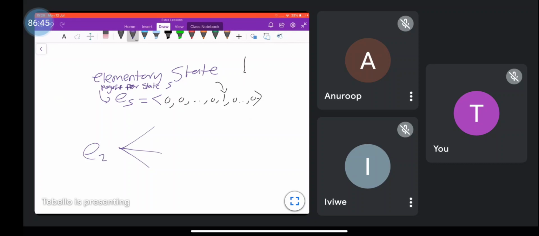You have state 1, state 2, state 3. The other states will have payout of 0, but state 2 will have payout of 1. For state 3, the payout will be 1 but 0 for the other states. So the payout under elementary states is not going to be any other number, it's just going to be 1.